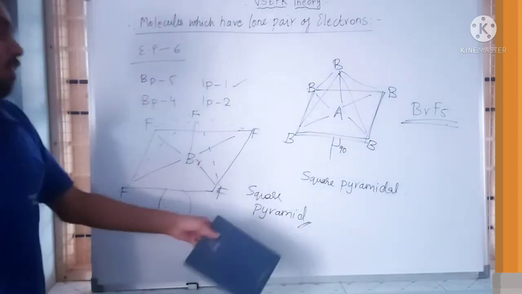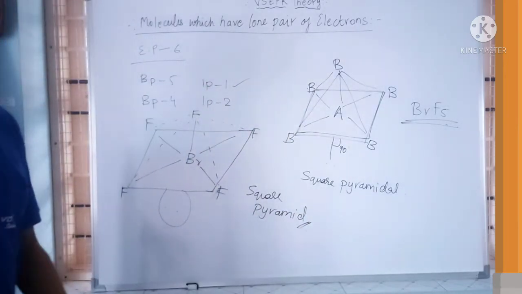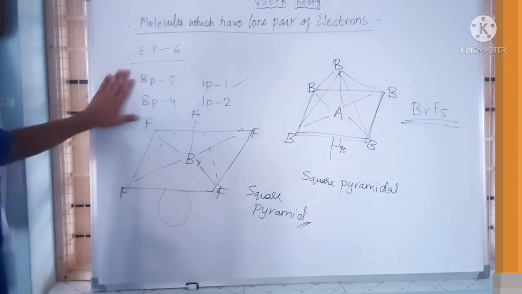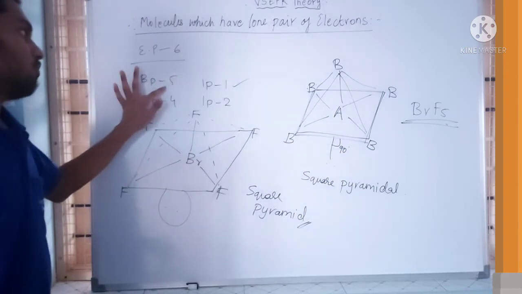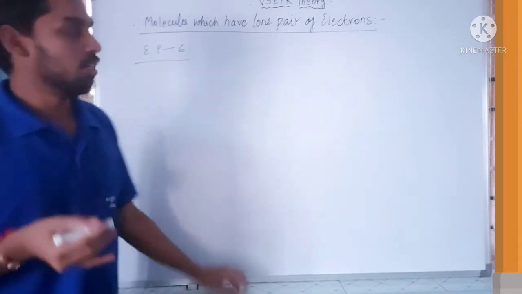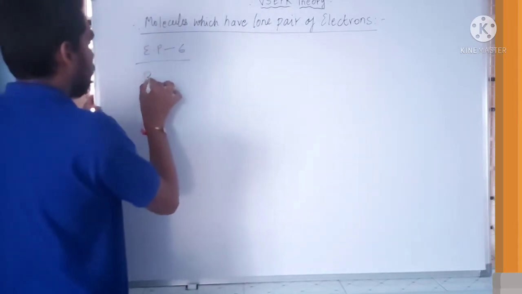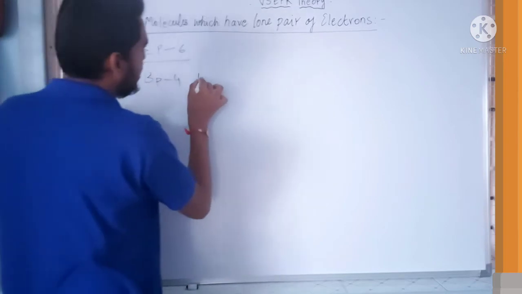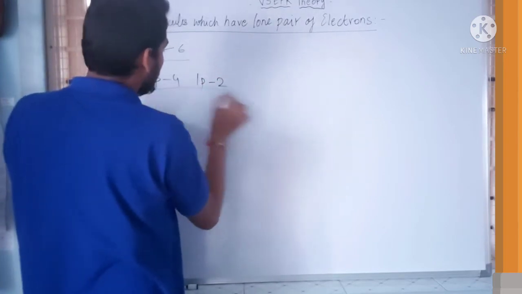The geometry of this structure is square pyramid. This is the structure for molecules having 5 bonded pairs and 1 lone pair. So let us look at the last structure, which has 4 bonded pairs and 2 lone pairs.